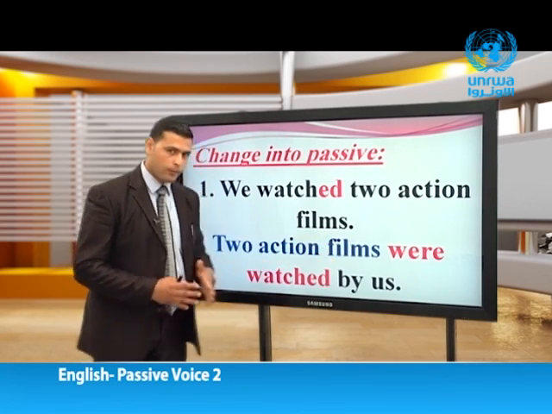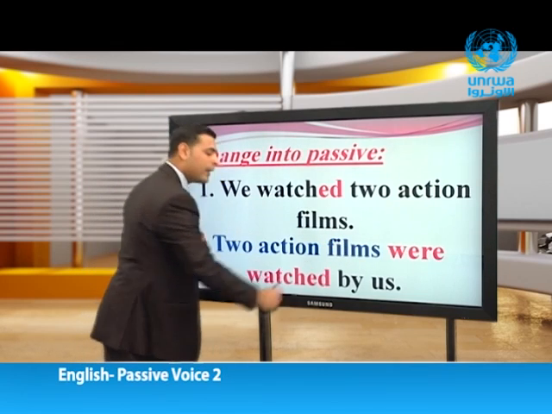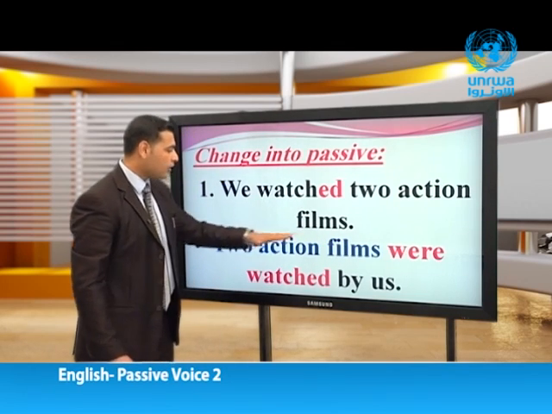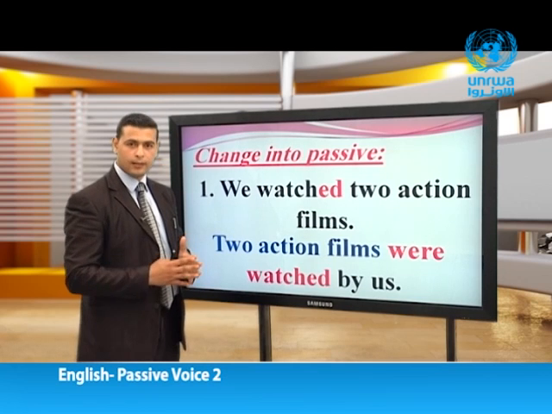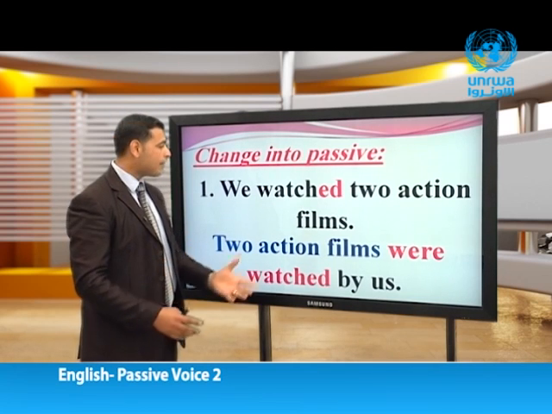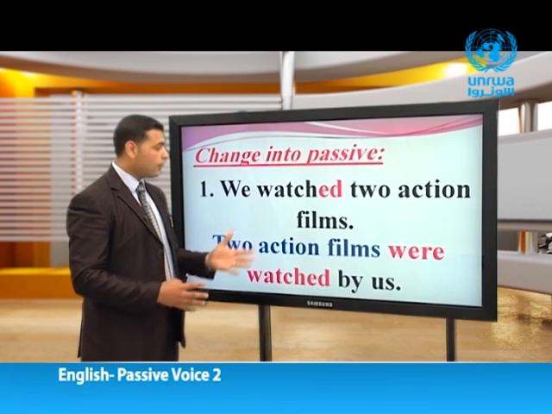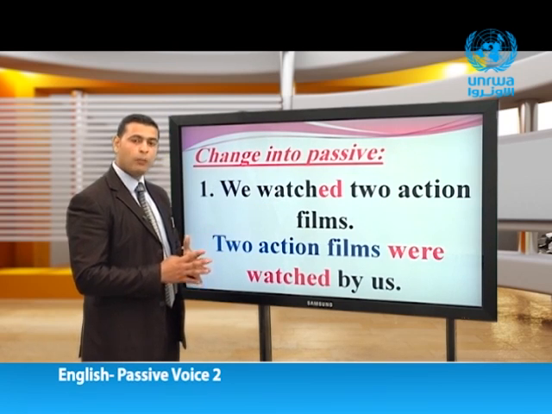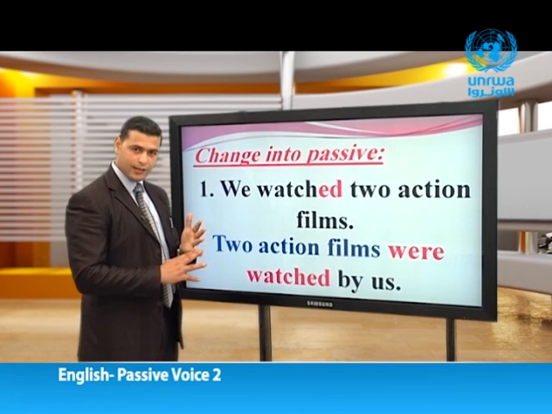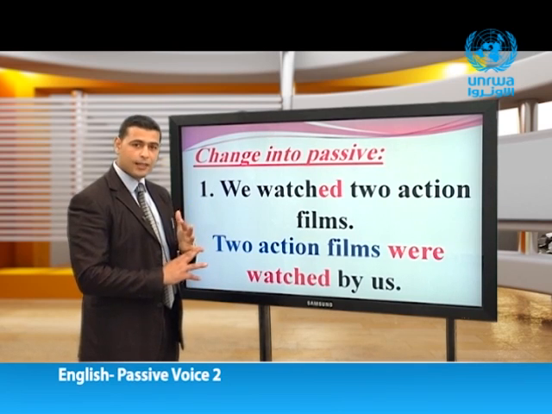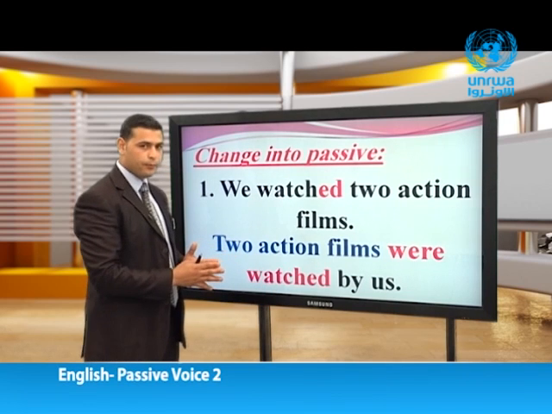Why were here? Look at the subject. Two action films. It's a plural subject. What about the verb in the first sentence? It's in the past. So, we needed a helping verb in the past to fit the plural subject.